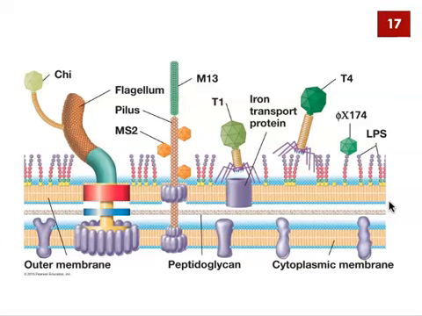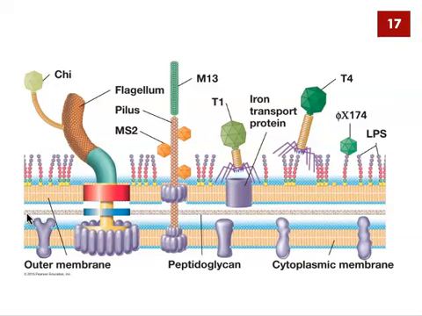How do I know it's gram-negative? Well, I can see two membranes here, and in between those two membranes, I can see a nice thin layer of peptidoglycan. Remember, gram-negative bacteria have a thin layer of peptidoglycan, and gram-positive bacteria have a thick layer.